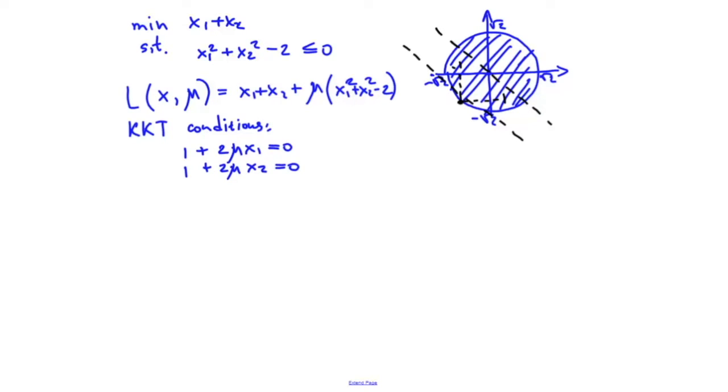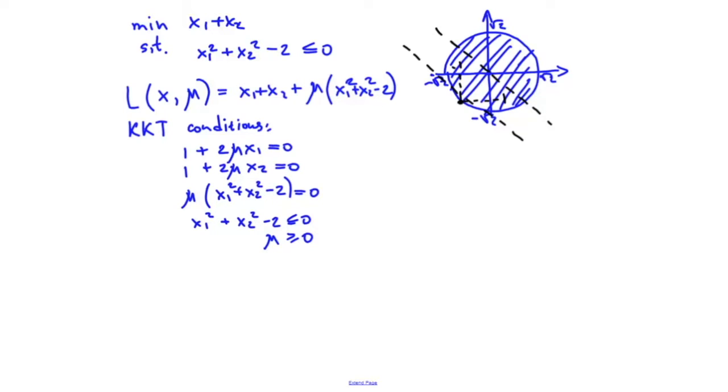Then we have the complementary slackness: mu times (x1 squared plus x2 squared minus 2) is 0. Finally, we have the inequality constraint, x1 squared plus x2 squared minus 2 is less than or equal to 0, and we have mu greater than or equal to 0. So these are the conditions that we have. We need to solve this system now, right?